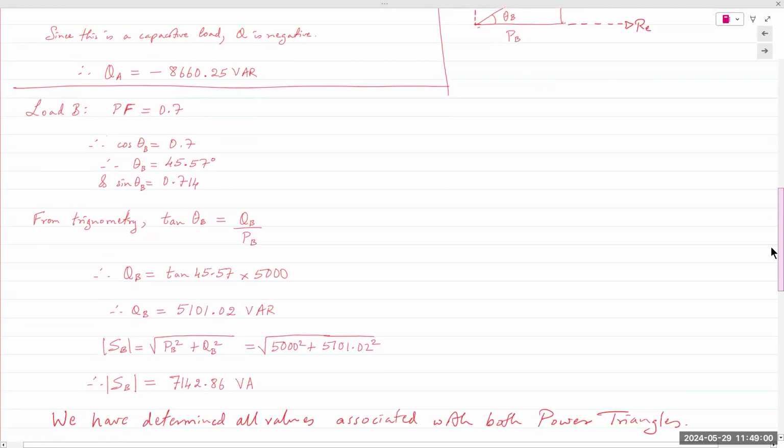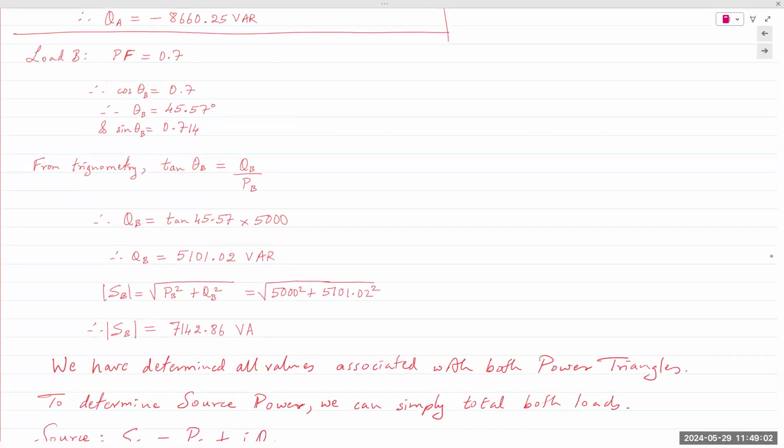Same thing for element B. Element B, we have power factor 0.7. So we find cosine of theta is 0.7. So theta is 45.57. Now, we have the angle, we have real power P for load B. Angle and power.